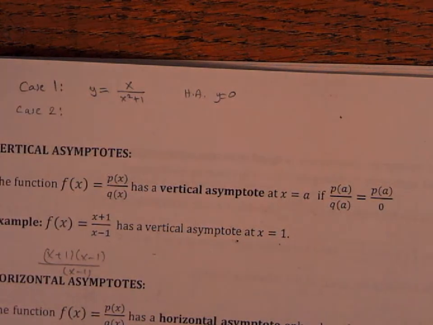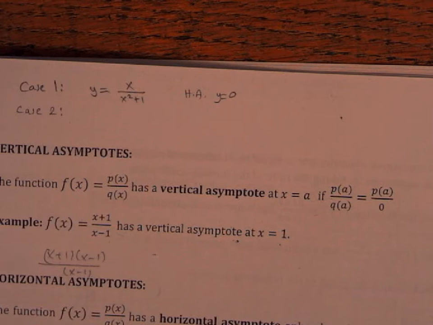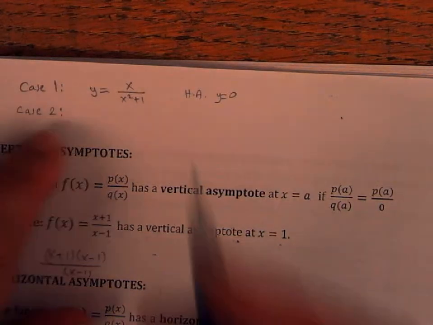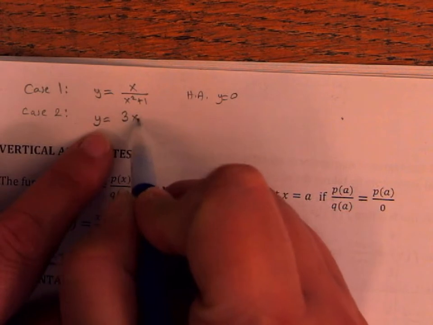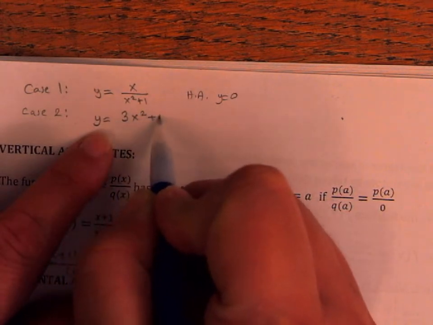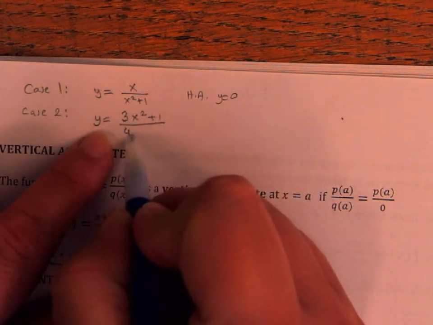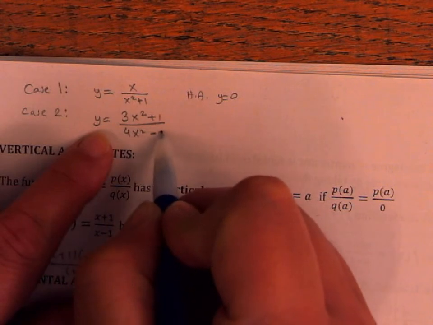Okay. So now let's look at case 2. If the degree of the numerator is the same as the degree of the denominator, then you have a horizontal asymptote. This is how you get it. You take the ratio of the leading coefficients. Let's say you have y equals 3x squared plus 1 over 4x squared minus 3.